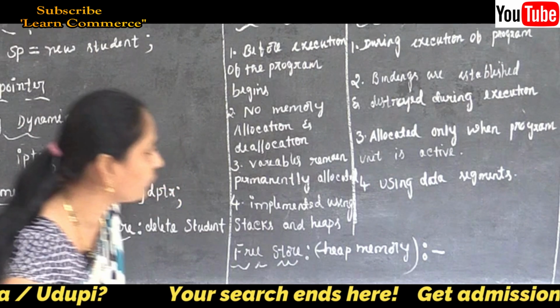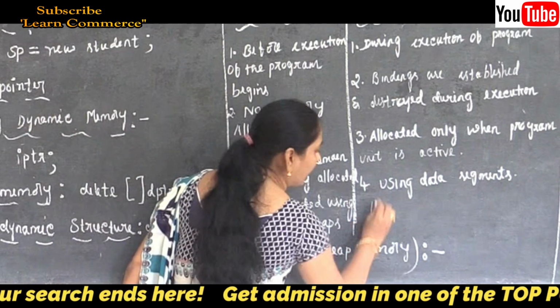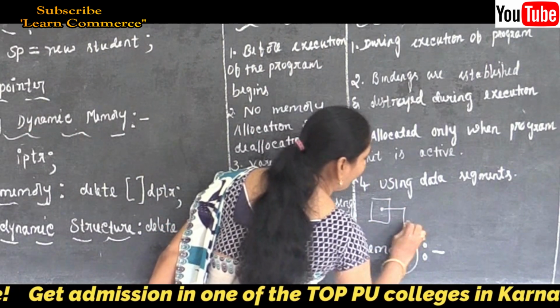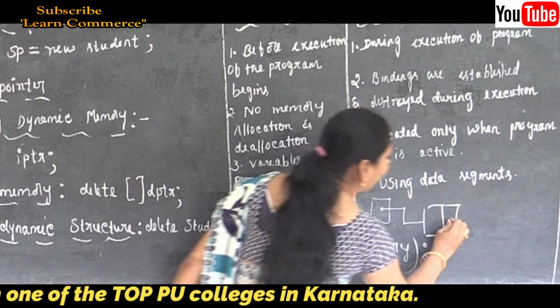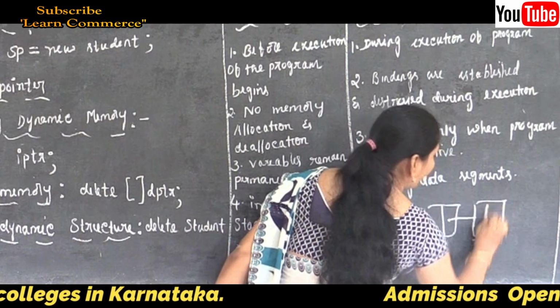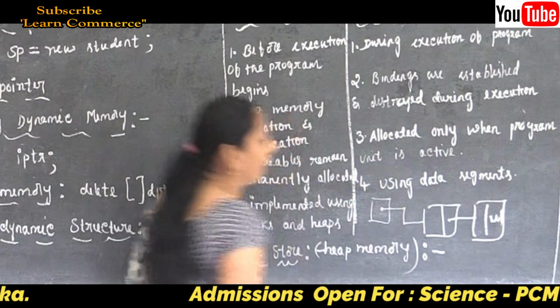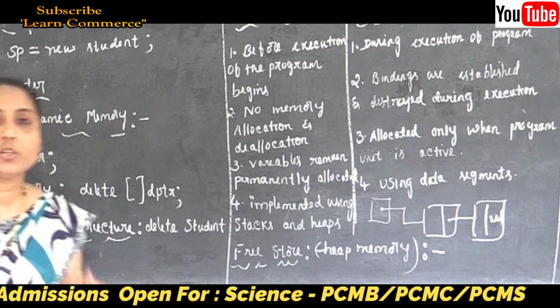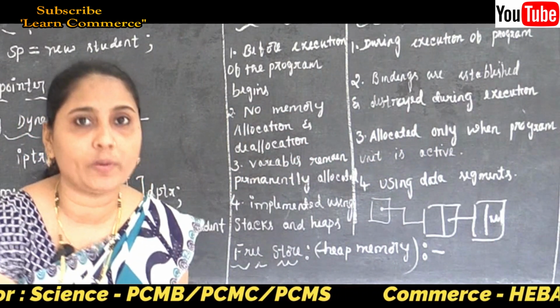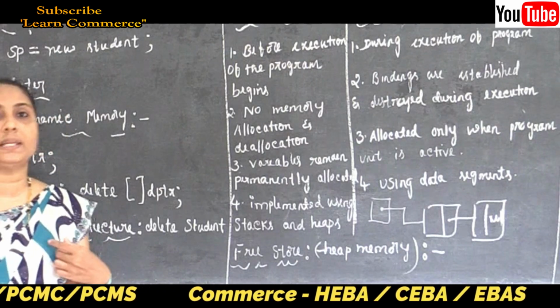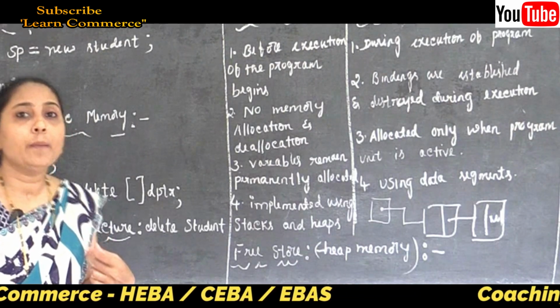We know the meaning of the data segment, that is called the linked list. So when you want, you can increase or decrease the size. So this is about our data segments here. So these are some of the differences between static as well as dynamic allocation of memory here.